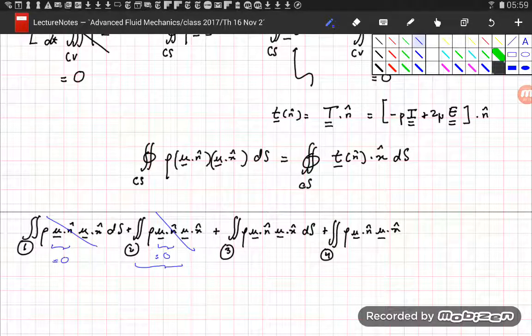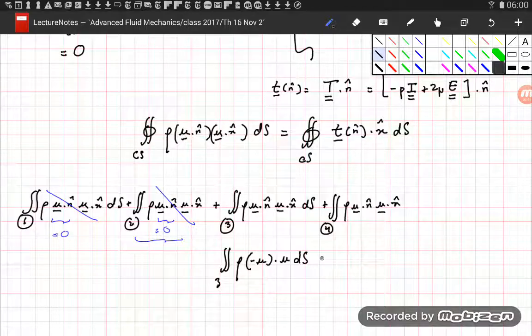Now along 3, because the normal vector is pointing to the left, u dot n is equal to minus u. So this is integral along 3 of rho times minus u times u dot x, which is u, ds.